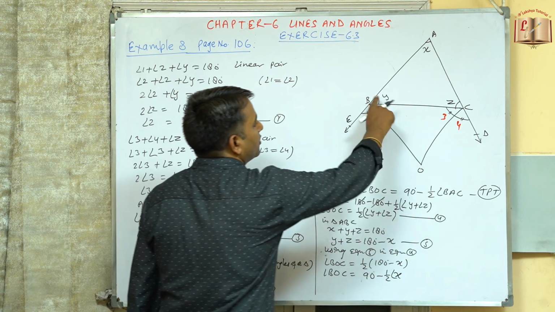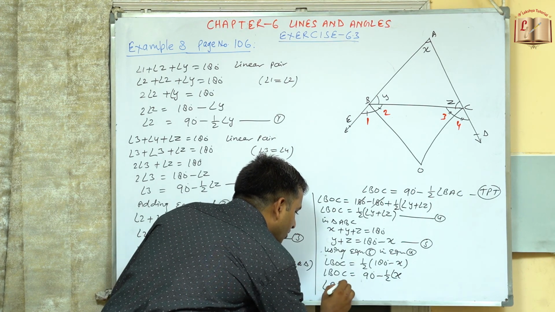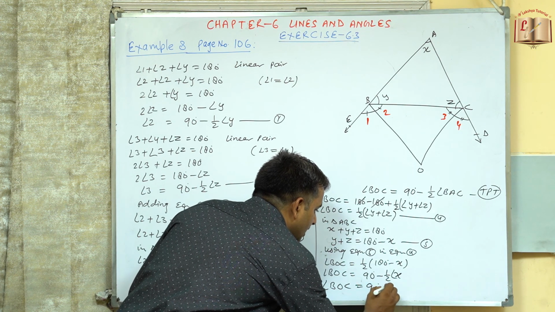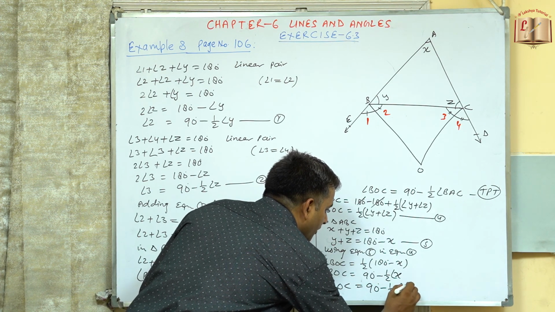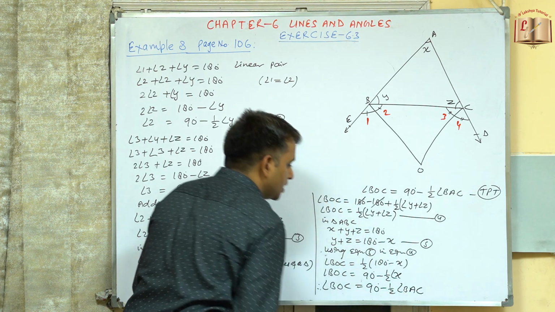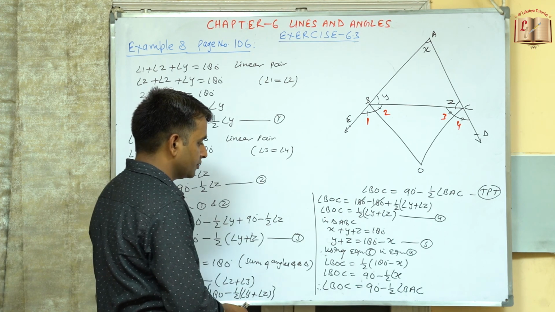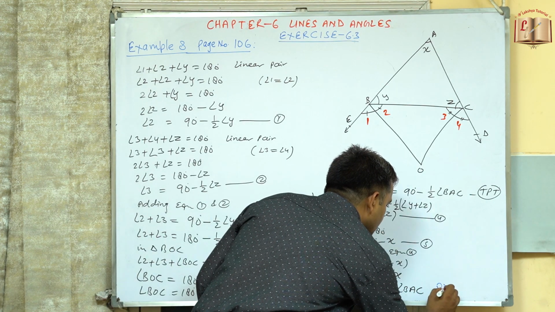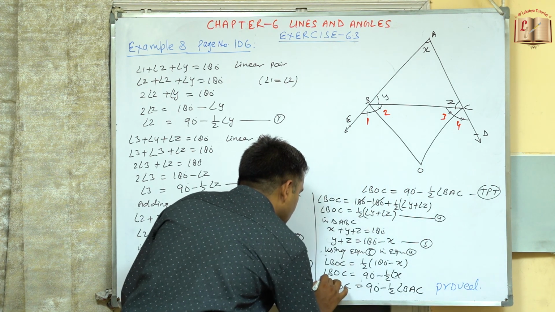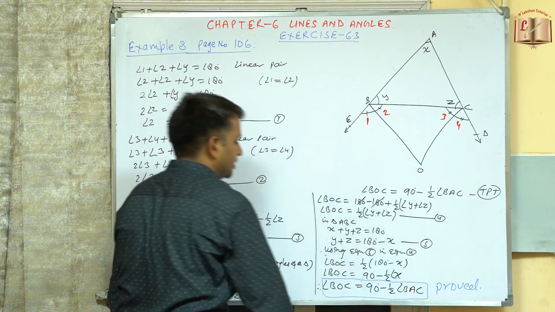Angle x is equal to angle BAC. Therefore angle BOC is equal to 90 degrees minus half of angle BAC. So this is now proved.